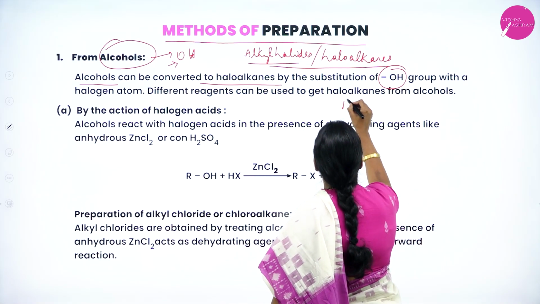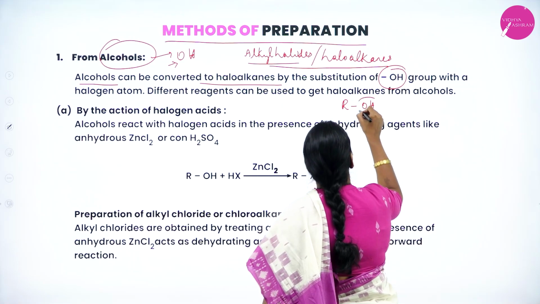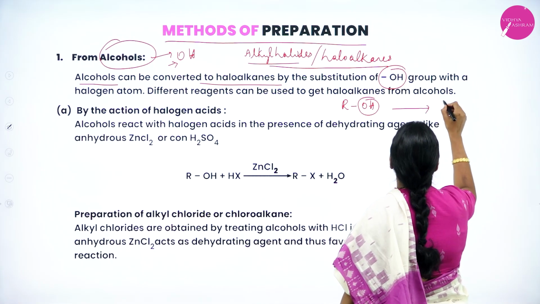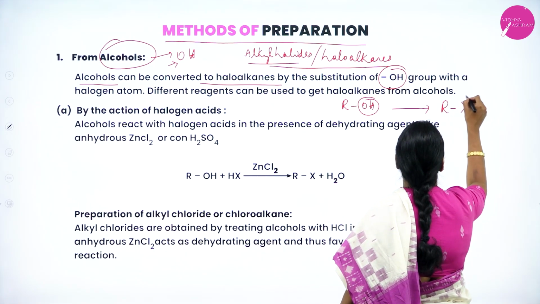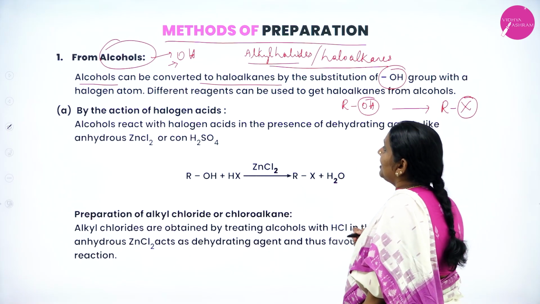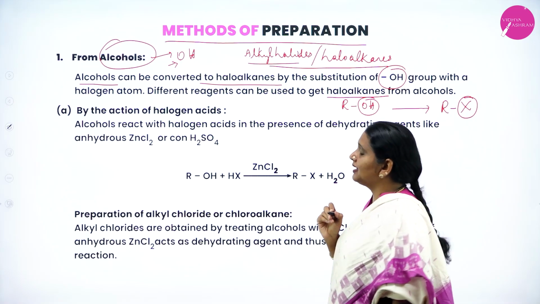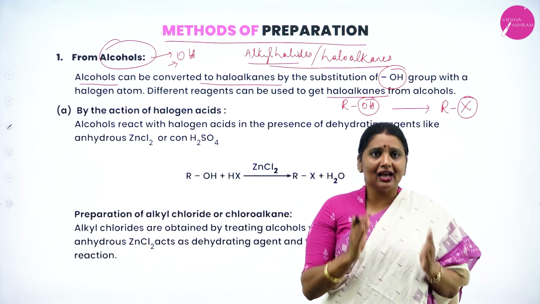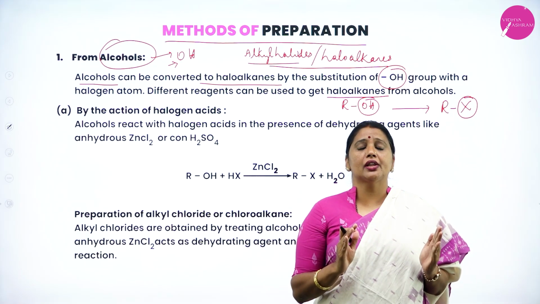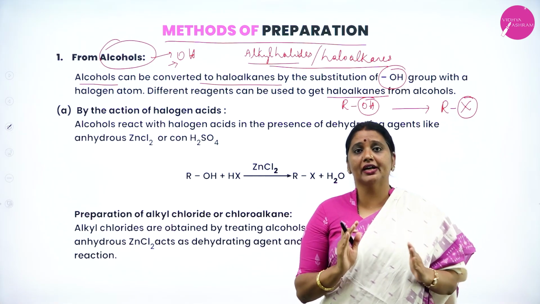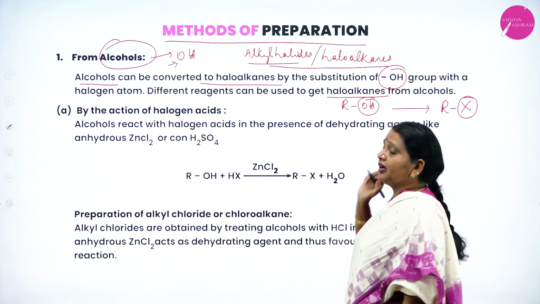If the OH group of alcohol is replaced by halogen, you are going to get haloalkane or alkyl halide. What are alcohols? Alcohols are the organic compounds whose functional group is OH. What is the general formula of alcohol?